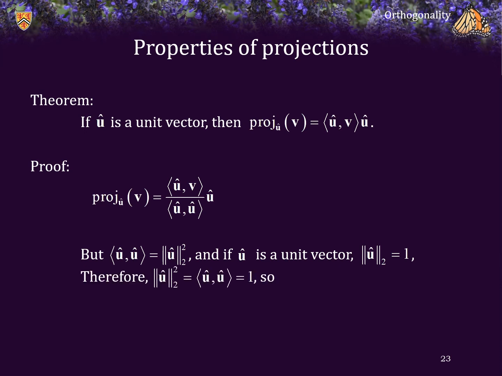And therefore, the projection is just equal to that particular inner product over 1, which is just the inner product we see above times u cap. So once again, this tells us that if the vector u is a unit vector, then we can reduce our work by approximately half.